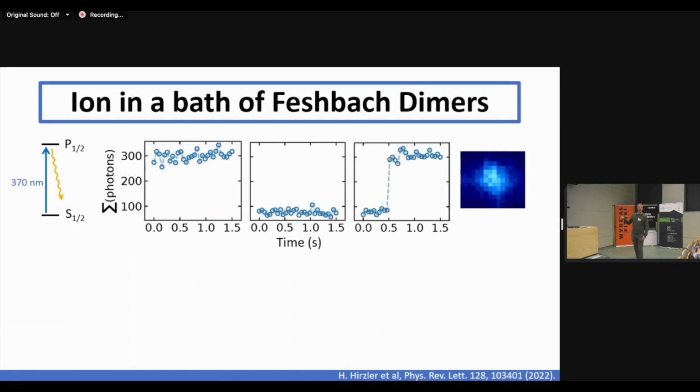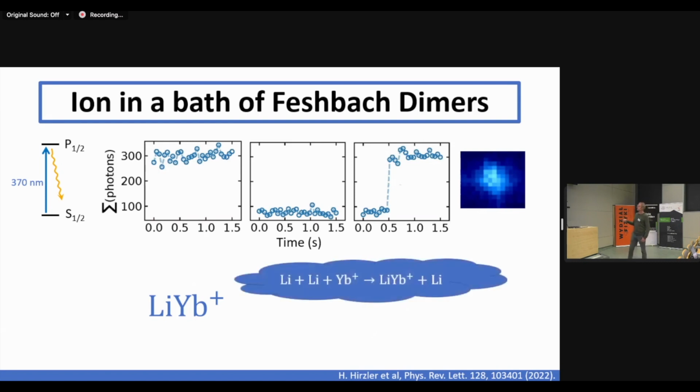And what also happens quite often is that it's not there and then it reappears. We want to understand what's going on. What we think might happen is that we create molecular ions, so lithium ytterbium plus, especially because of this effect here. We could have a molecular ion that doesn't give off light, but then we dissociate it with our lasers, and then it starts to become bright again.